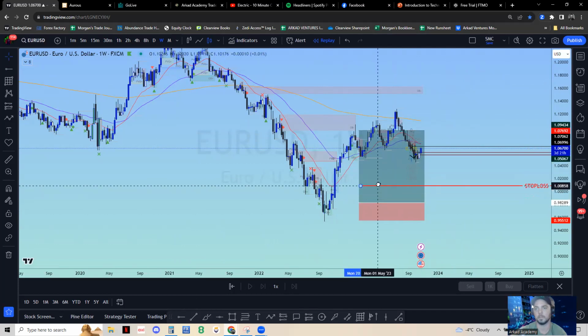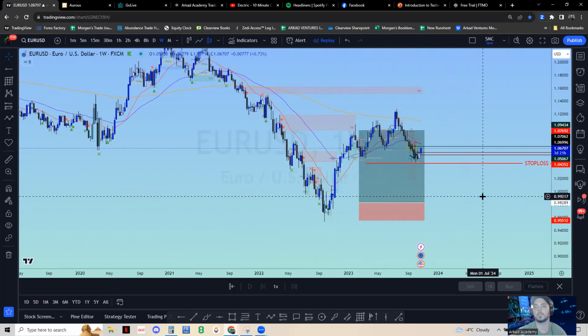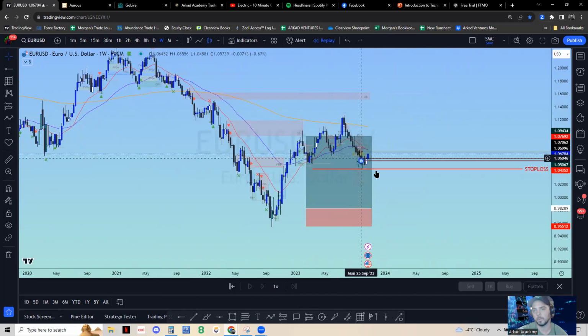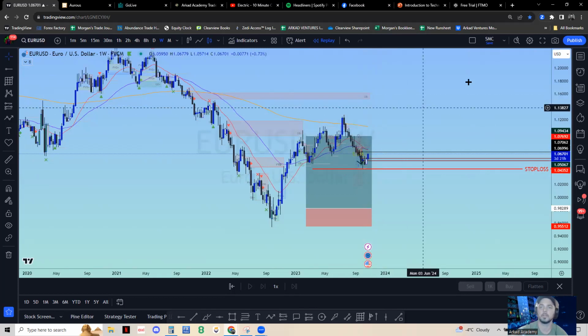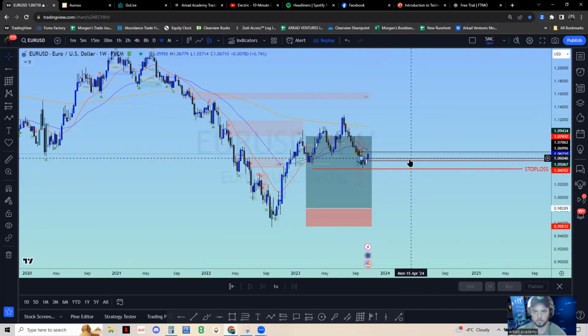You can trail your stop loss into profit. So if it comes back in here, you'd get 3% instead of where you targeted. That makes sense. To me, it does, yeah.